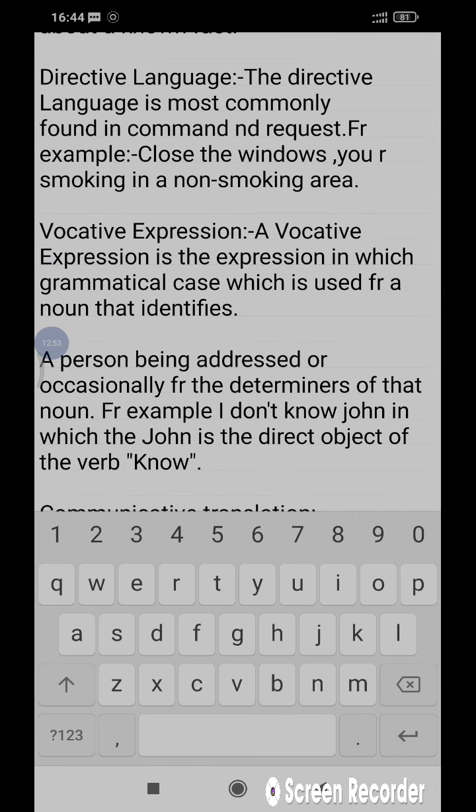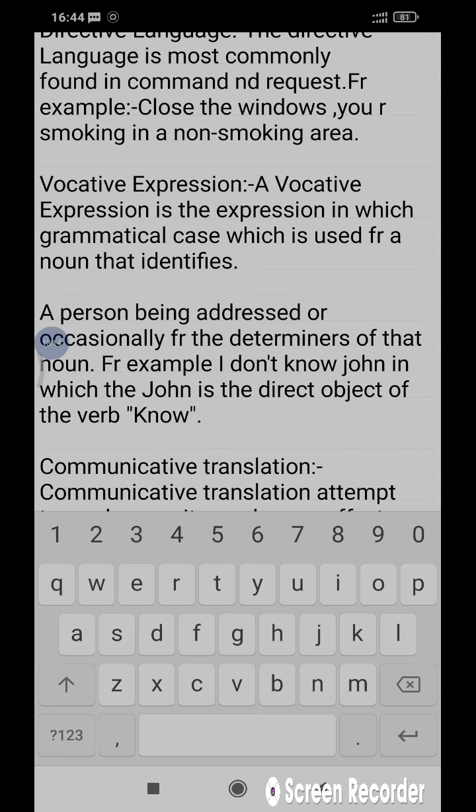A vocative expression is an expression in which the grammatical case is used for a noun that identifies a person being addressed, or occasionally for the determiners of the noun. For example, "I don't know, John," in which John is the person addressed.